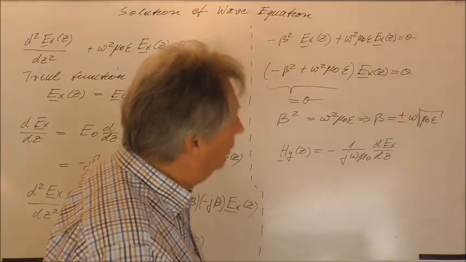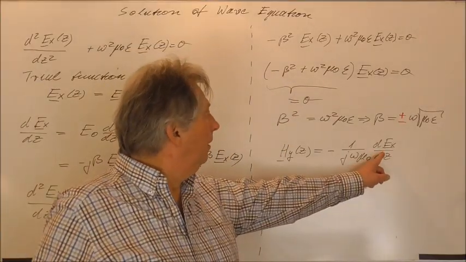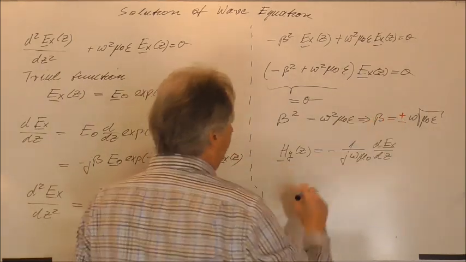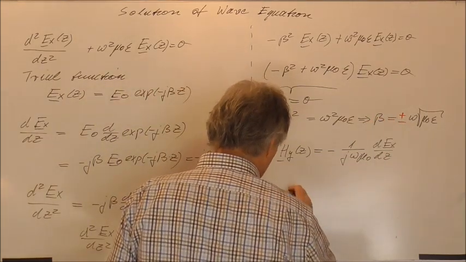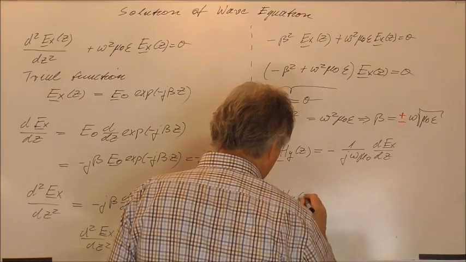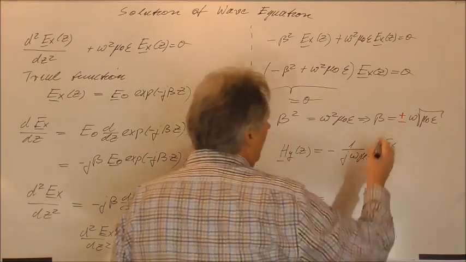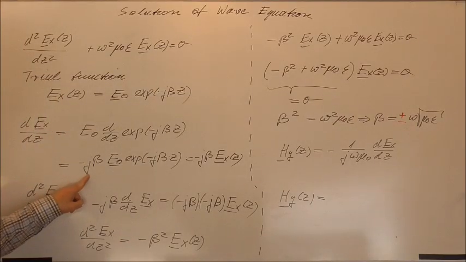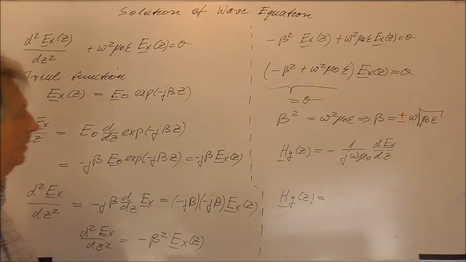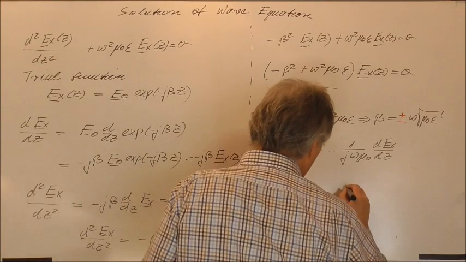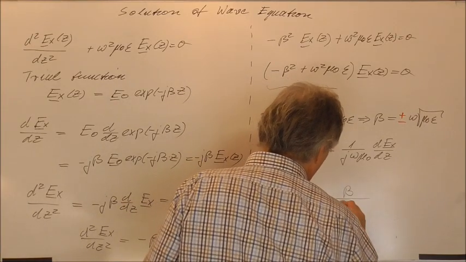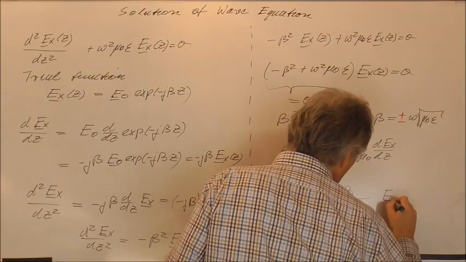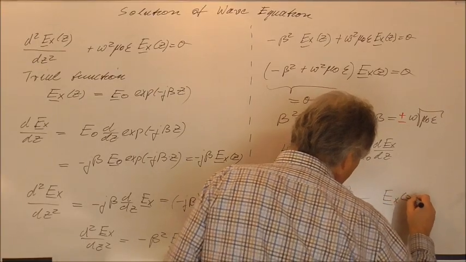And we know that this must be replaced by beta, while we take the positive function and we find that H of z will be given by, so if we include here minus j, you see the j will disappear and we will have beta over omega mu naught times Ex of z.